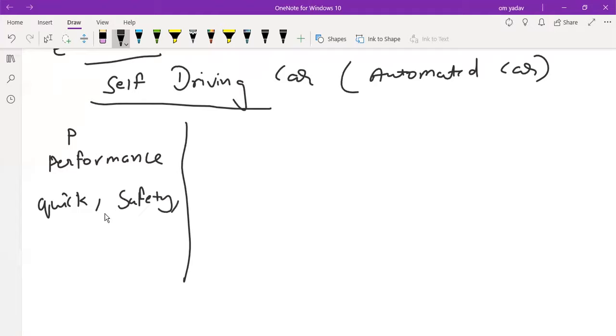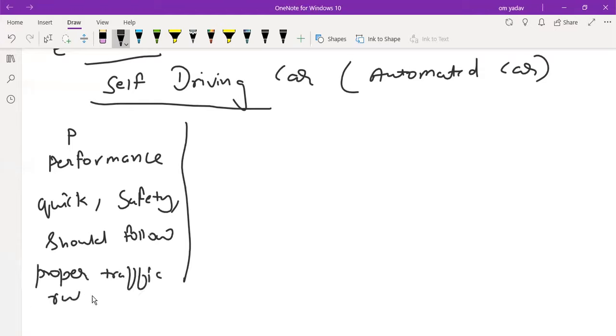Then the next thing, it should follow proper traffic rules, I mean, it's an automated car, right? So many things are there, but basically I want to see these three: it should be quick, safe, and follow proper traffic rules.